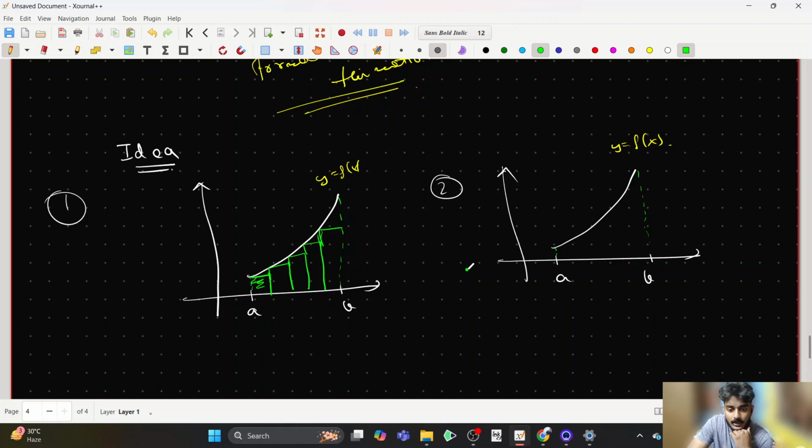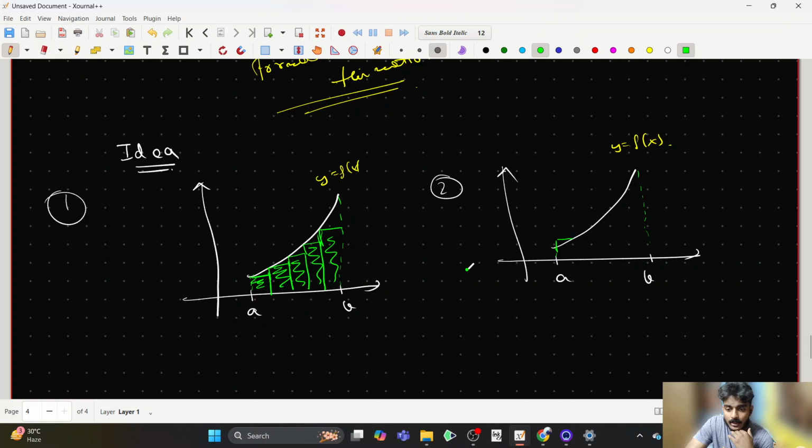Okay. So these rectangles. And similarly, I am again approximating rectangles. Now you can easily observe that these rectangles are slightly at a lower level than the curve. So the total area of all these rectangles will typically be less than the area under the curve, whatsoever it may be.